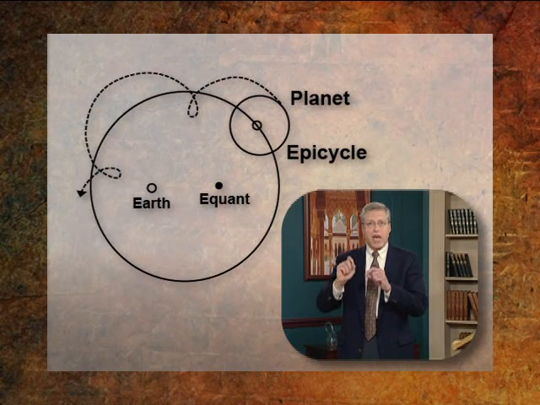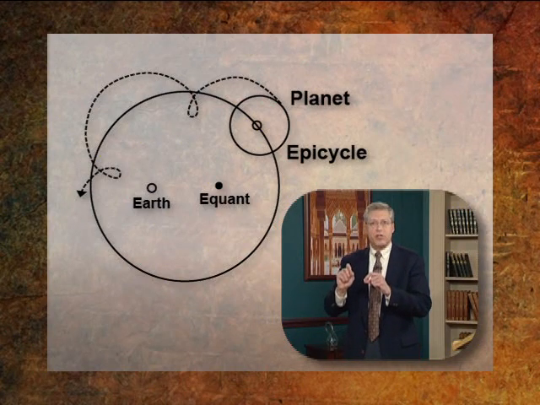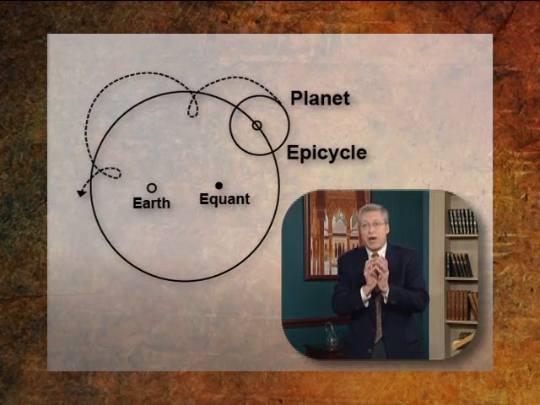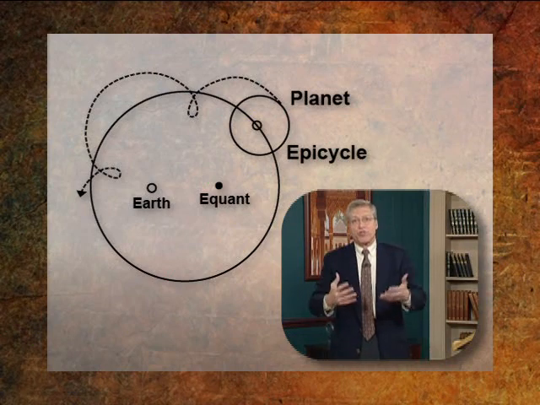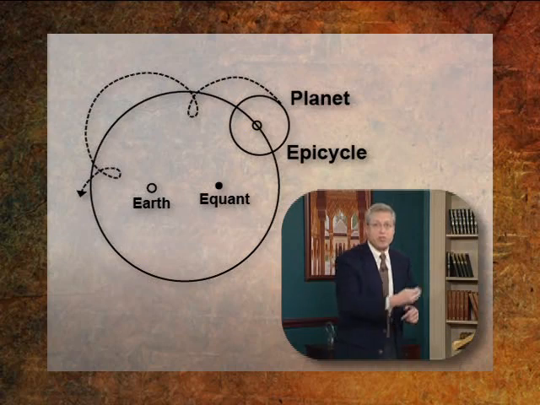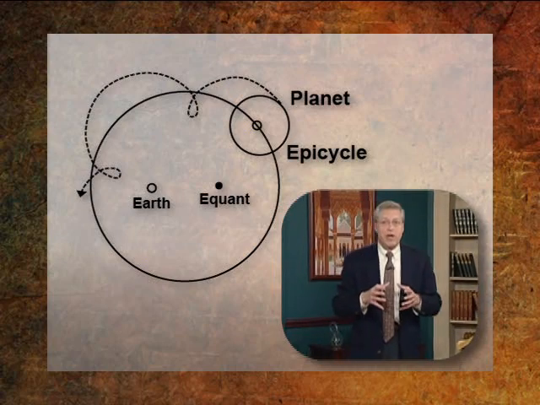And so what's actually happening is that Mars executes a kind of looping motion as it travels around this little circle called an epicycle, so an outer circle. It goes around this little circle, the epicycle, as the center of the epicycle goes around the Earth. And this preserved one of the foundational Aristotelian viewpoints about the nature of the heavens, which was that everything that goes on in the heavens must be built out of circles.